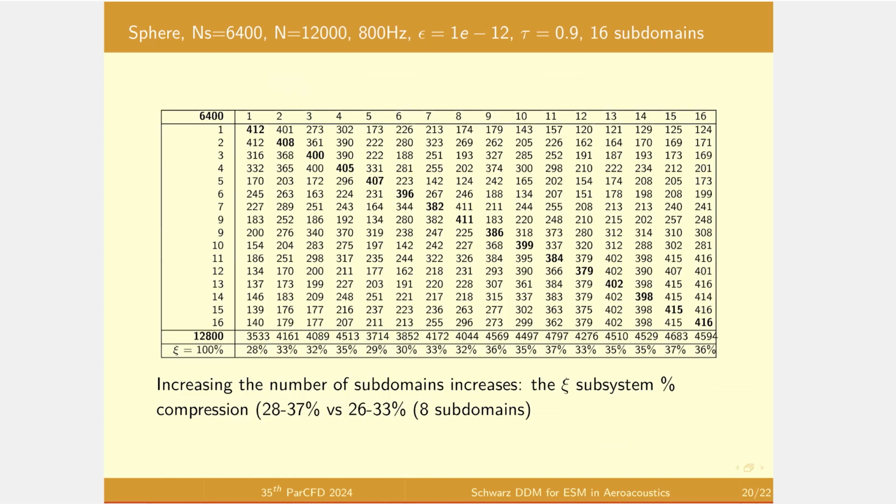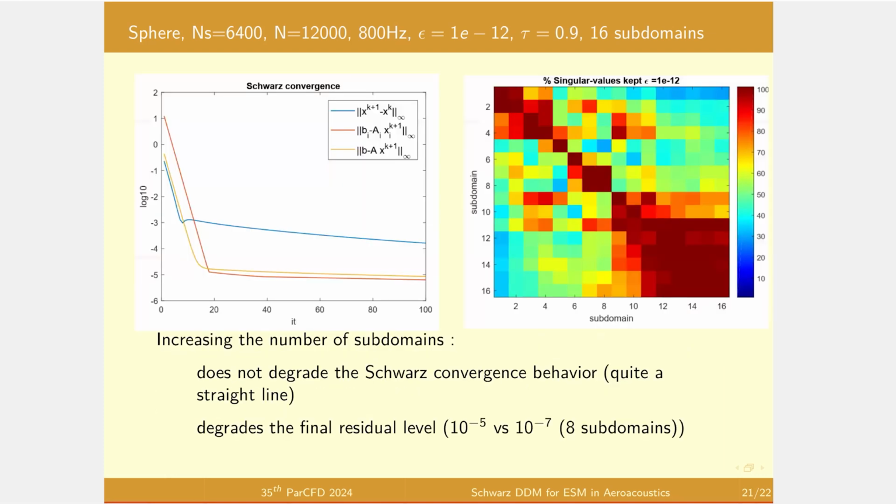If we increase the number of subdomains, this increases the subsystem compression percentage. It's about 28 to 37% compared to 26 to 33% for a subdomain here. But that doesn't degrade the Schwarz convergence behavior, so we still have a straight line with few iterations.